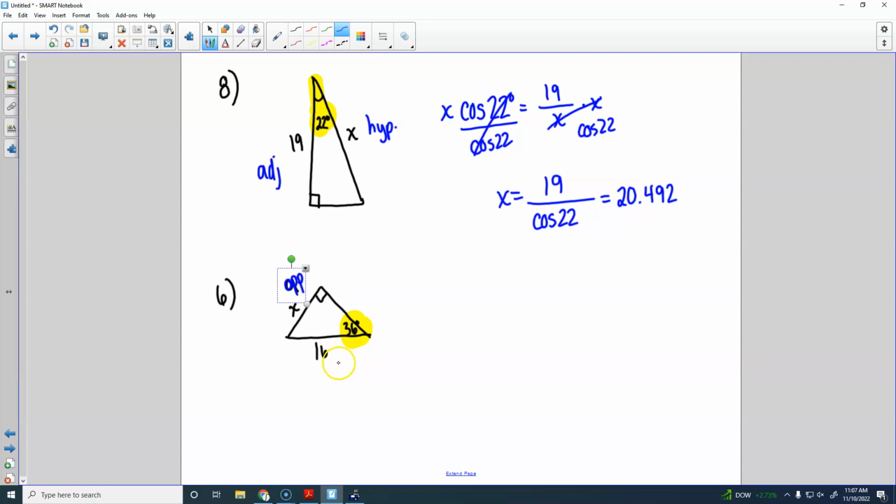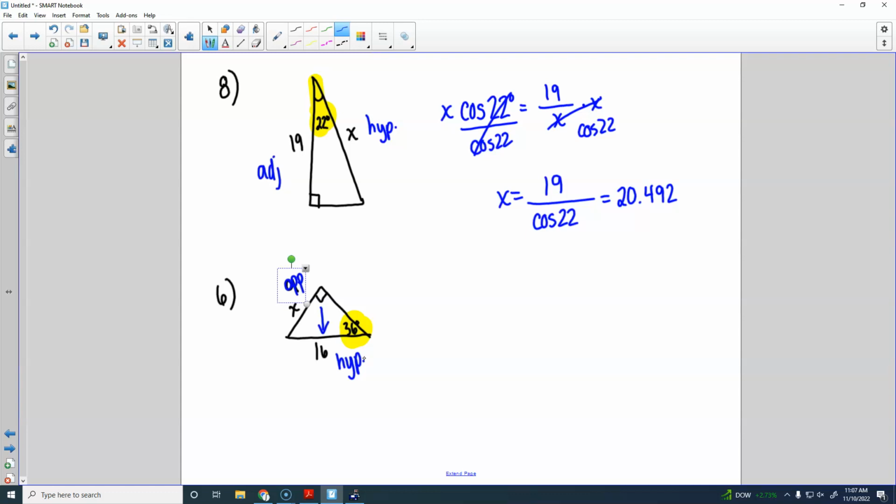It is not the adjacent side. Adjacent is going to be over here. This one looks kind of adjacent because it does touch the angle, but it's across from that right angle. It's your longest side, so this is the hypotenuse. Whatever's across from that right angle, that's going to be your hypotenuse.